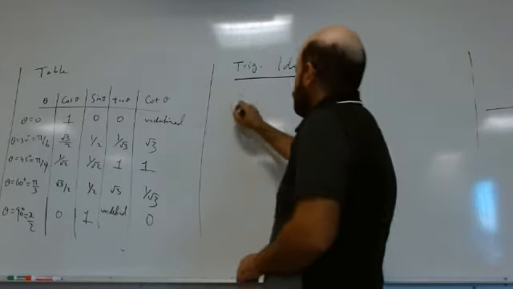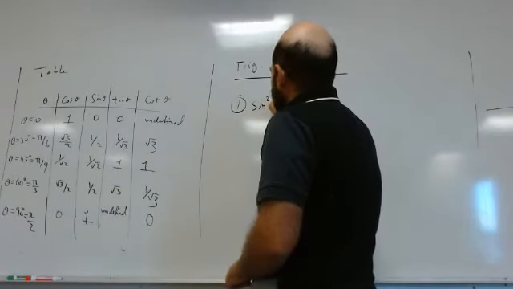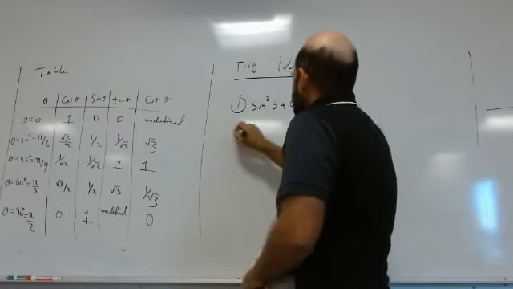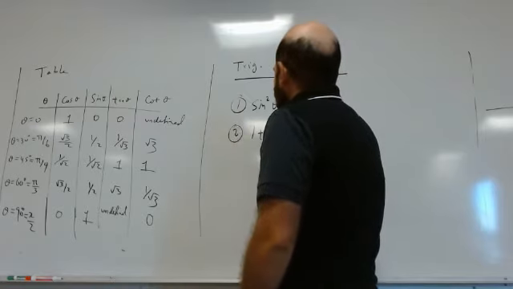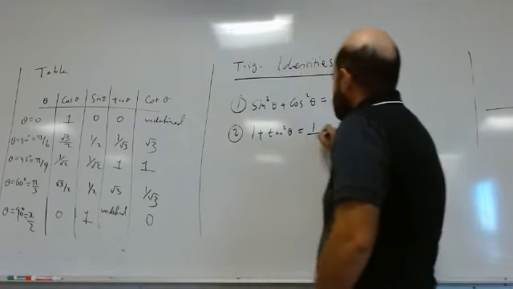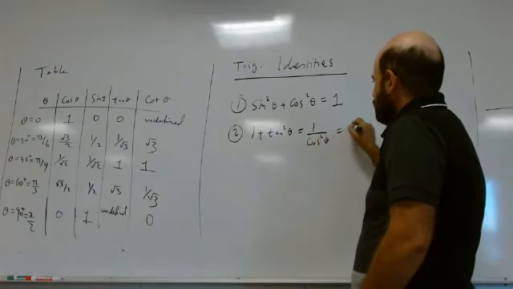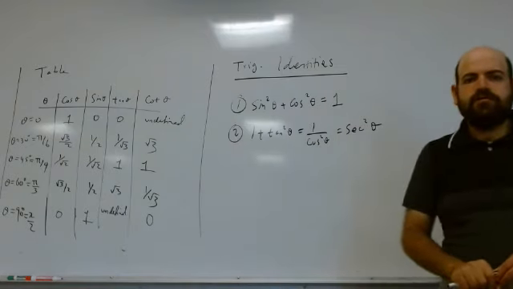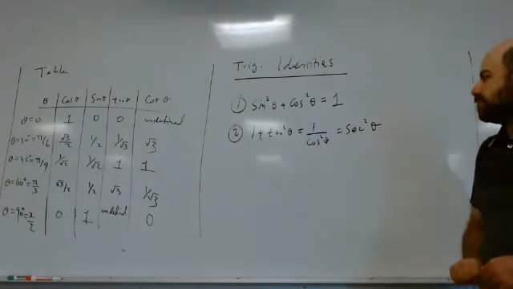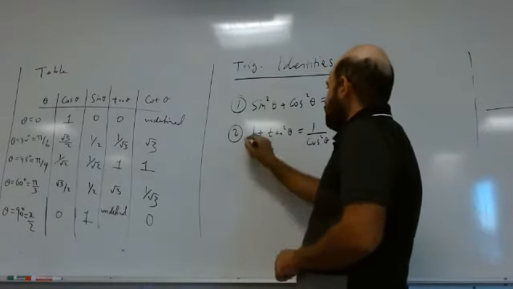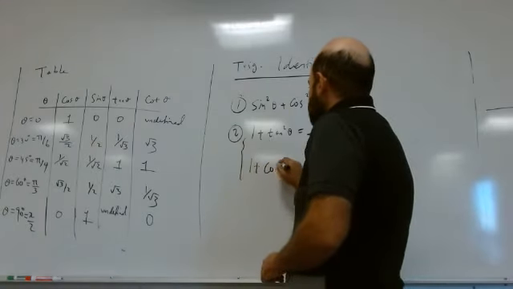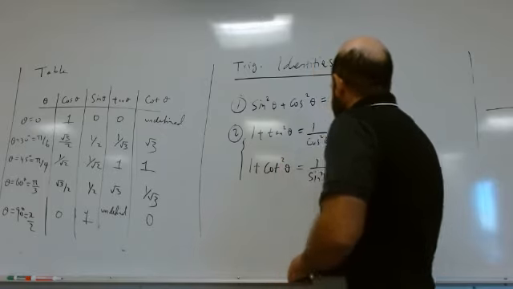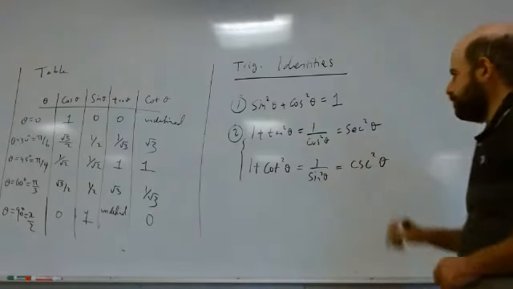Of course, the most famous trigonometric identity in the world, I think, is sine squared theta plus cos squared theta equals 1. 1 plus tan squared theta equals 1 over cos squared theta, which is also called secant squared theta. So secant theta means 1 over cos theta. So instead of 1 over cos squared theta, we can say secant squared. And also 1 plus cot squared theta is equal to 1 over sine squared theta, which is cosecant squared theta.